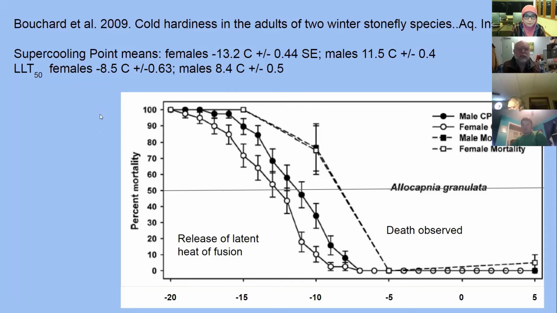That's a pretty complex graph. But the thing that's important here is it looks like things die before they actually finish freezing. And that seems to point out that males and females are going to die at the same temperature.